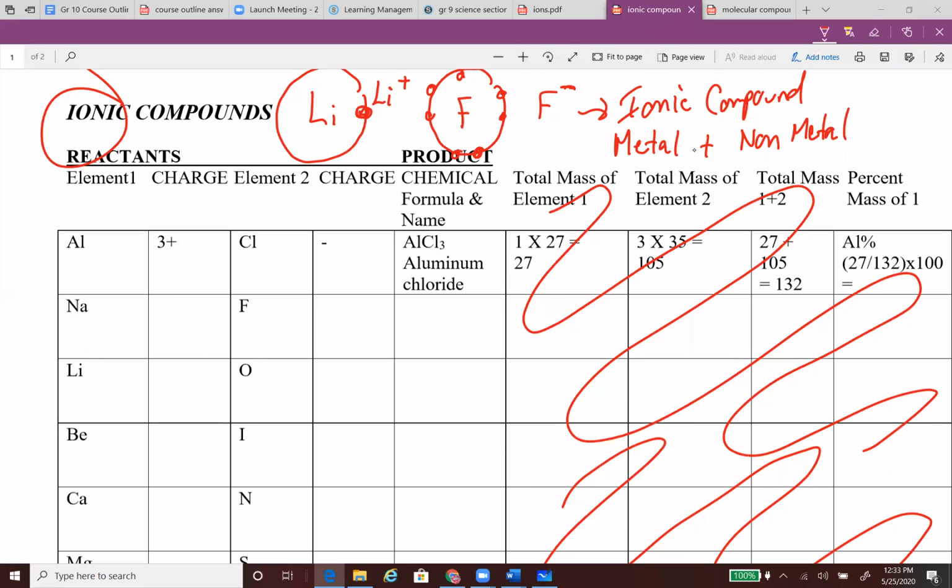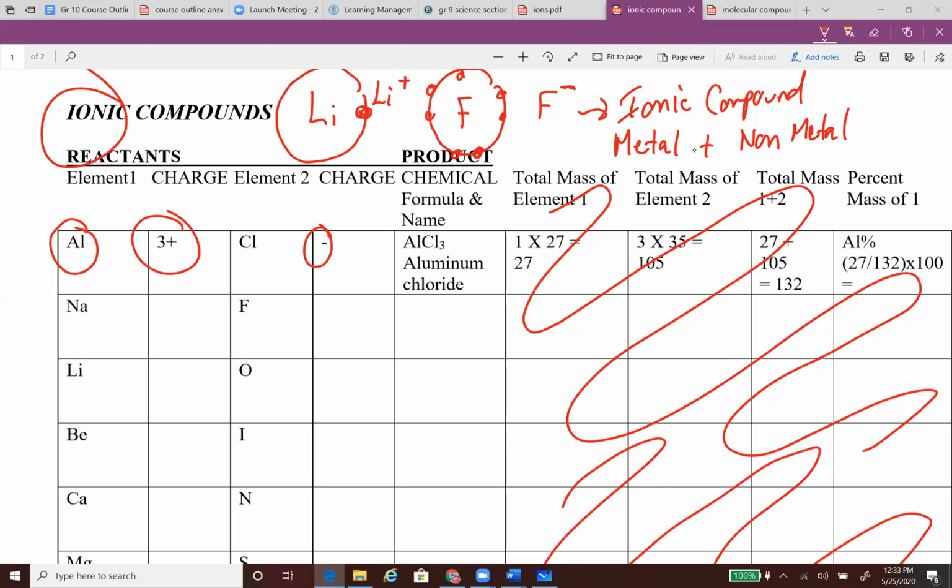So let's look at our first example. From the previous sheet, aluminum wants to lose 3 electrons. It has 3 electrons in its outer shell and wants to get rid of them. It wants to be positive 3. Chlorine, just like fluorine, has 7 electrons and wants 1 more. So it wants to be -1.